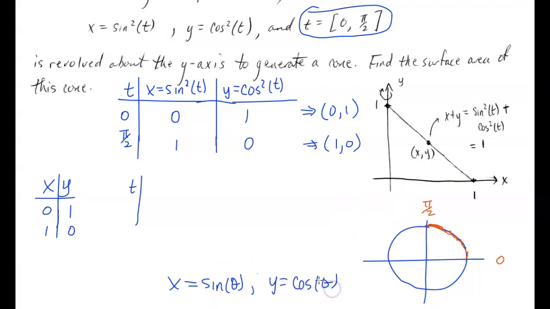That's not it. We actually have sine squared and cosine squared. It's just that here, when we look at this to begin with, we see that x is defined as sine squared and y is defined as cosine squared.